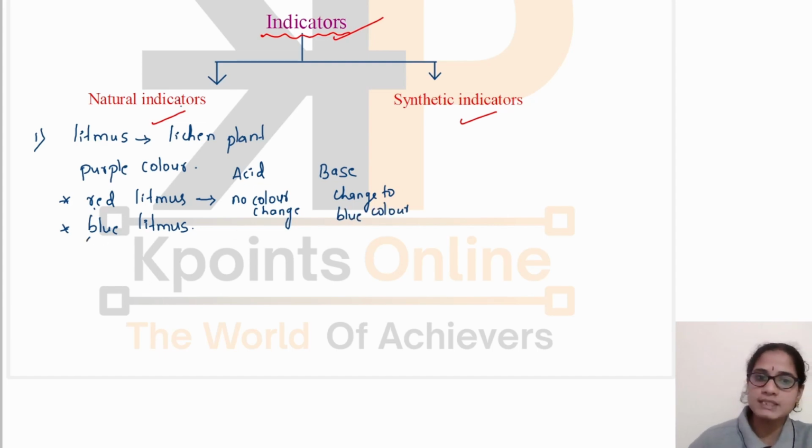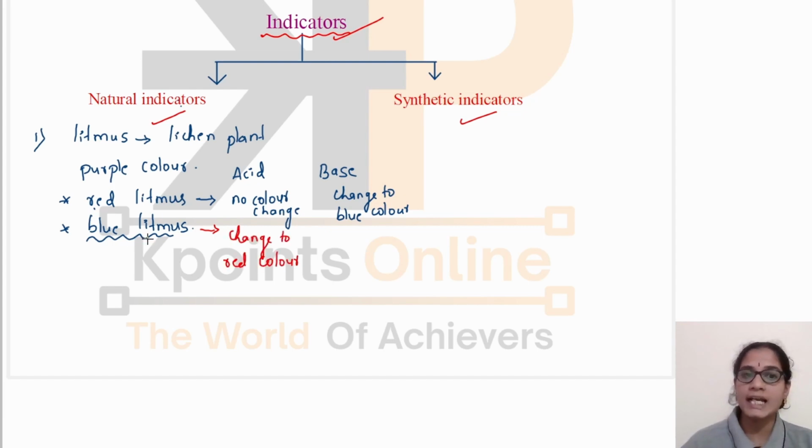What about blue litmus then? When blue litmus paper is dipped in acidic solution, it will change to red color. And when it is added to a base solution, it will show no color change. This is how we test the identity of a substance, whether it is a base or an acid, using litmus. We have two litmus, red litmus and blue litmus, which are prepared from two different varieties of lichen.